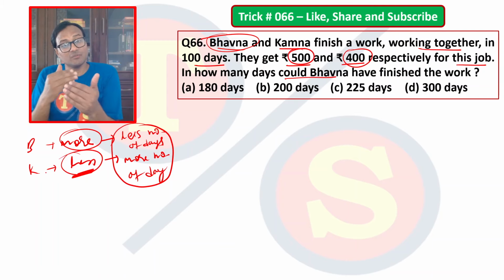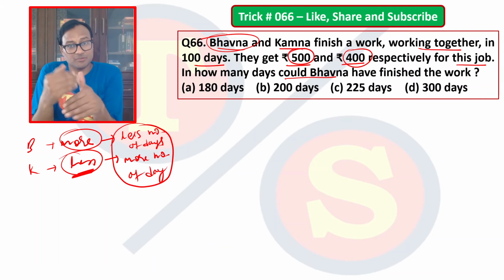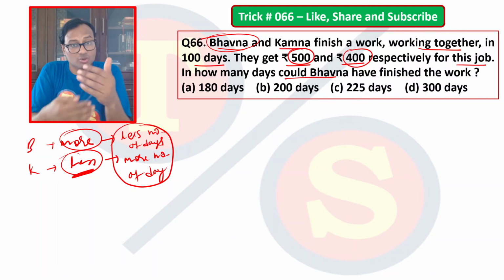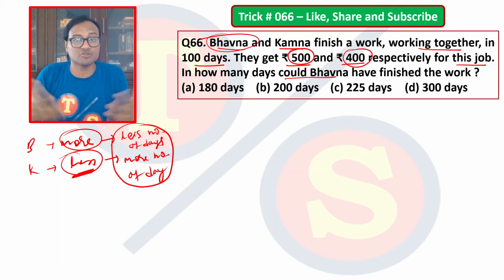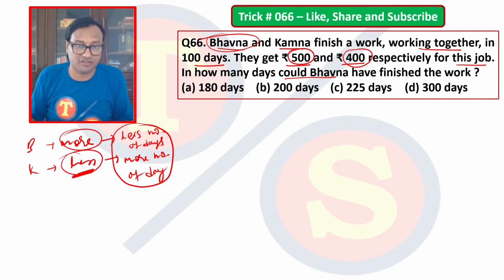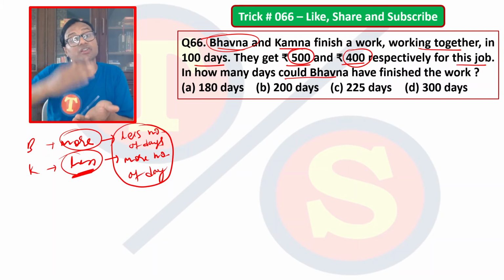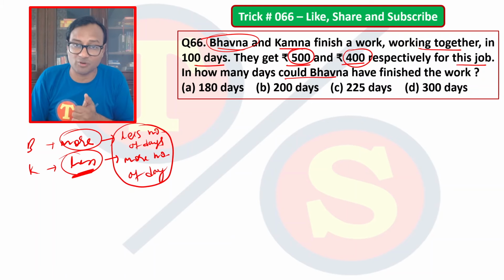If someone is getting more wage, that person is more efficient, so he will finish the work in fewer days. If I am more efficient and can solve 50 questions in a day, I will solve 500 questions in only 10 days. But if you are less efficient and can solve only 25 questions in a day, you will take 20 days to solve the same number of questions.